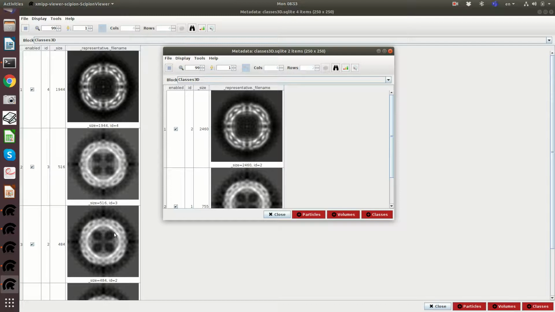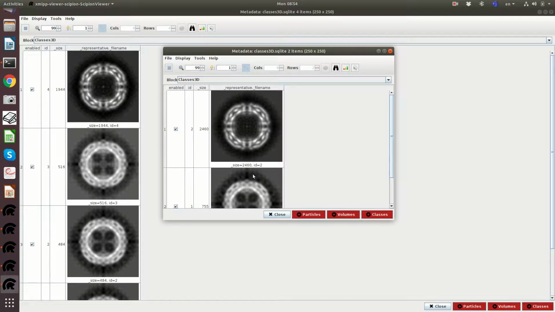It could be a particle that was in an area that was thicker than the rest, so the particle itself cannot be so easily seen, or it has very low contrast, or it has some particle on top, or whatever problem that doesn't allow the particle to be confidently assigned to one of the classes.